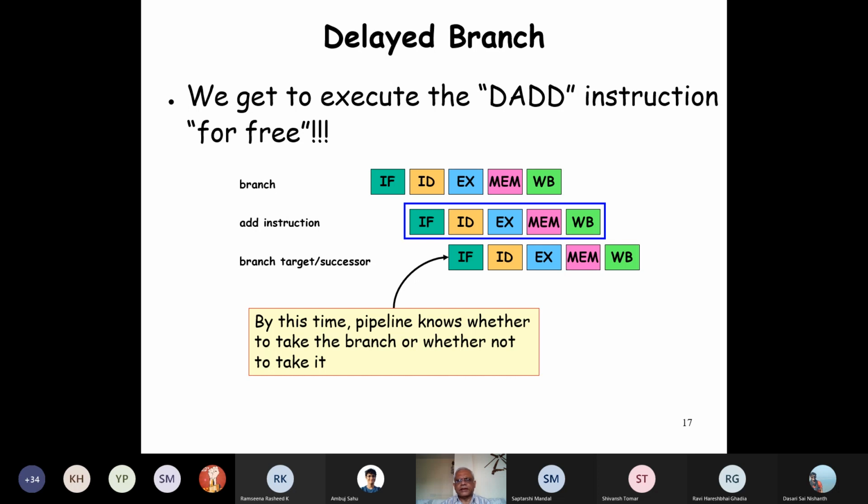So even though the slide is giving some problem, it's not loading, let me tell you, can we take some instruction after the branch? There are two paths actually.